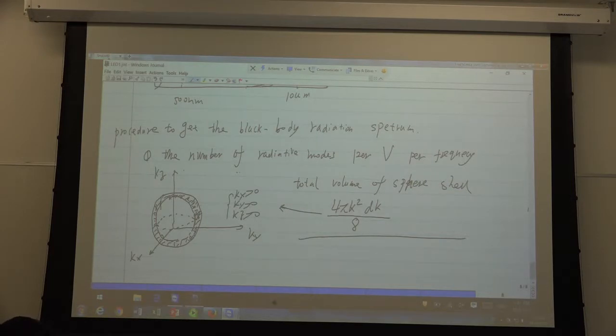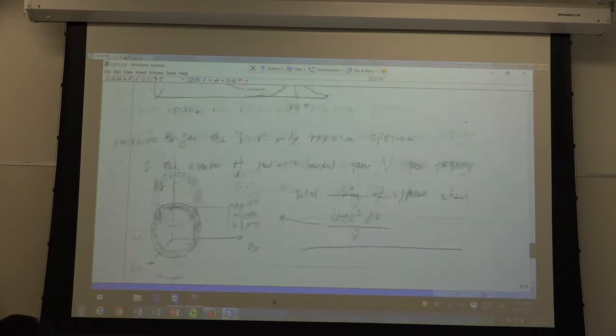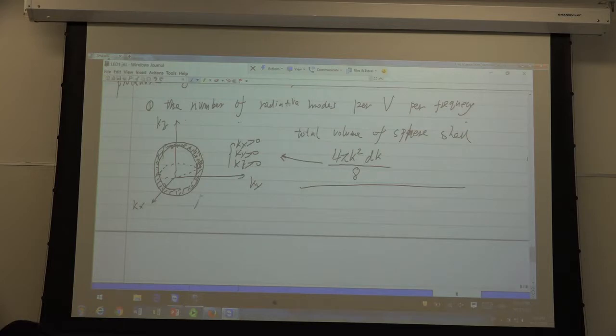I already know that for a given volume, a small box, a cavity with dimensions A, B, D, it's not a problem. I already know the minimum resonance wavelength: A should be half wavelength.